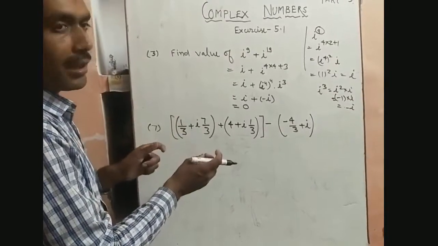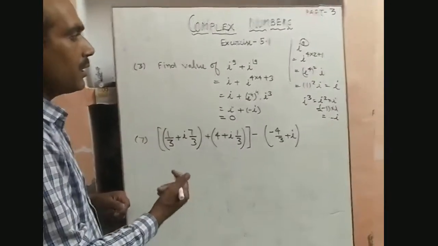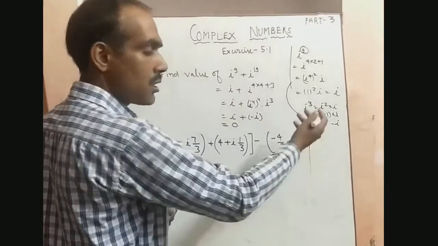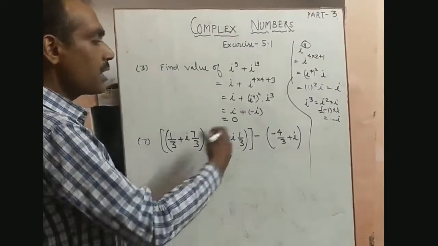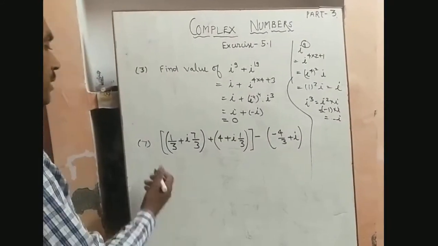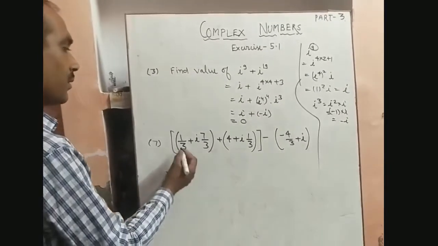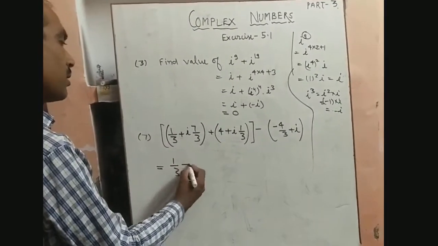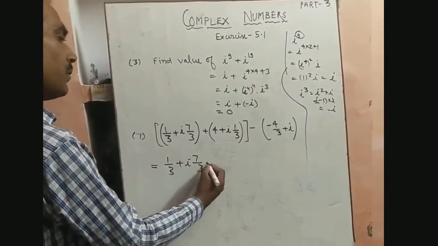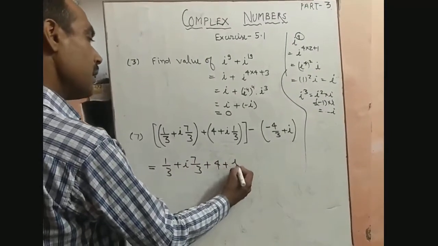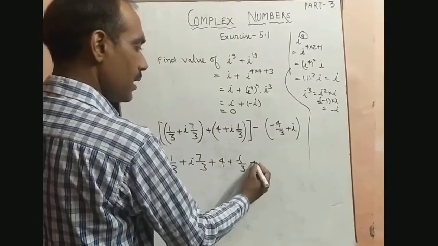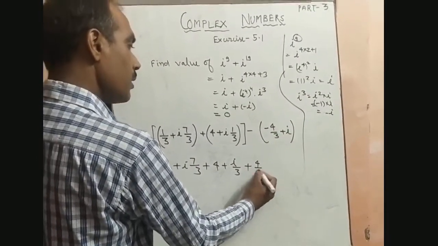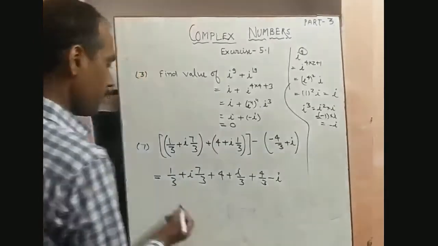In addition and subtraction of complex numbers, we add or subtract only real part to real part and imaginary part to imaginary part. Here 1 by 3 plus i into 7 by 3 plus 4 plus i upon 3 and minus, open the bracket, then this is plus 4 by 3 minus i.